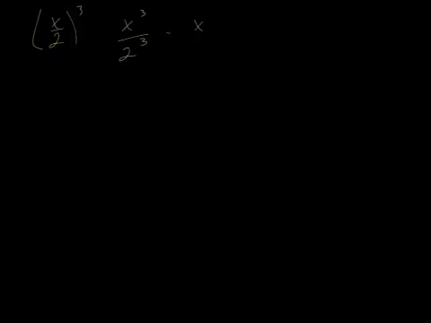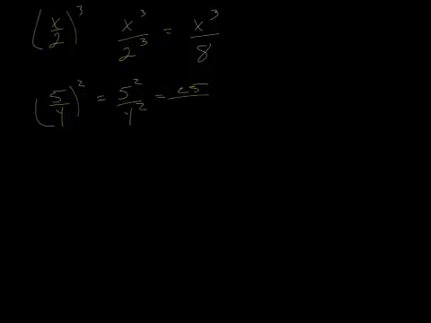So that's going to be x cubed over 8. Okay? So if I have 5 over y, and I'm squaring those, that's going to be 5 squared over y squared, or 25 over y squared.